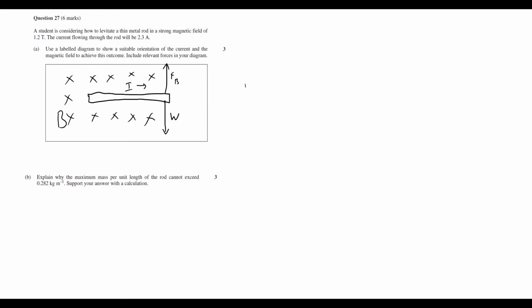So what that means for us now is that mass times gravity, so the weight force, must be equal to BIL sine theta, right? So this is just our force from gravity and our force from the magnetic field. So what we want to do now is see how I can relate this to this value down here, kilograms per meter.